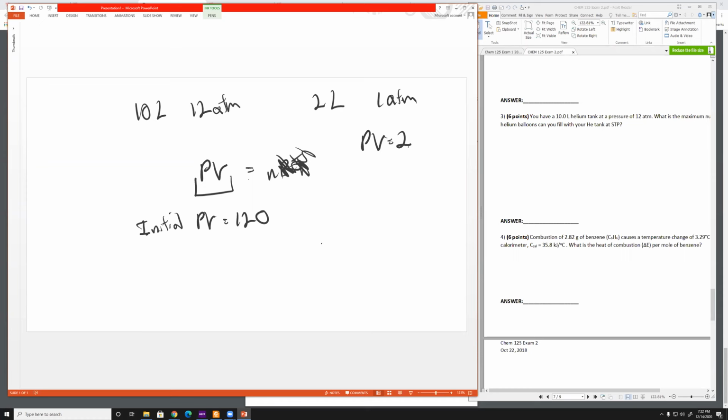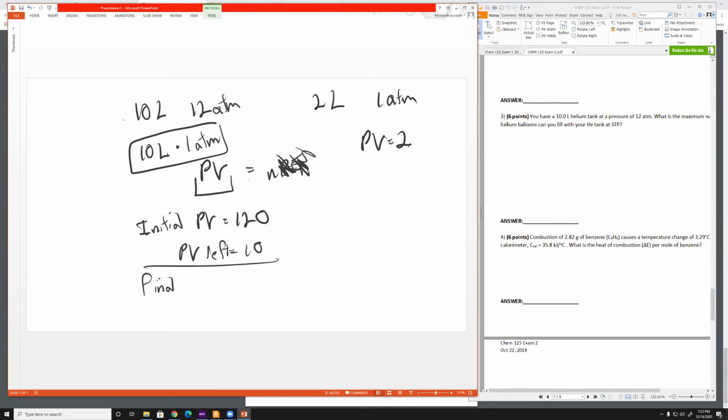Now, since the volume of the container is 10, you need to have left over 10 liters times 1 ATM. That is the amount that's going to be left over in the tank. So it's going to be 10 PVs. So PV left equals 10.